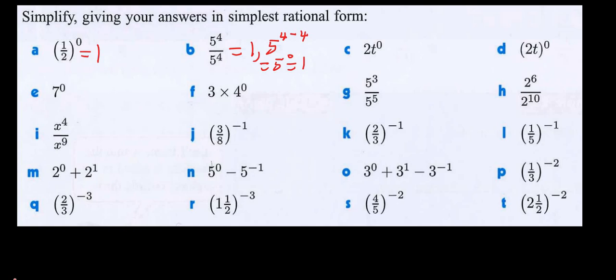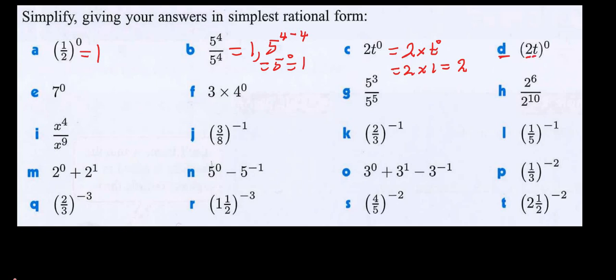All right, so over here you can see that the 0 exponent is on t. So it means that this will be 2 times t exponent 0. So t exponent 0 is 1. So this will become 2 times 1, and that is what? 2. Good. So over here you can see that both the 2 and t, question D, are in the parentheses.